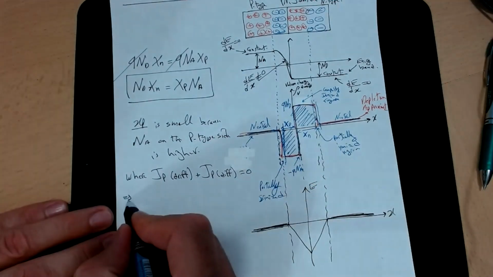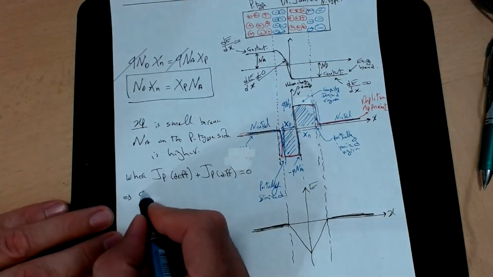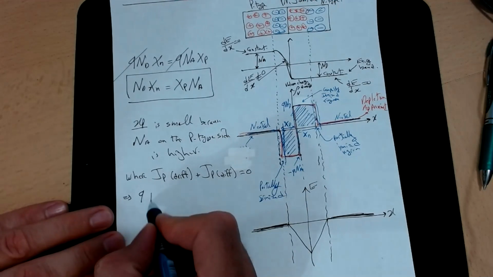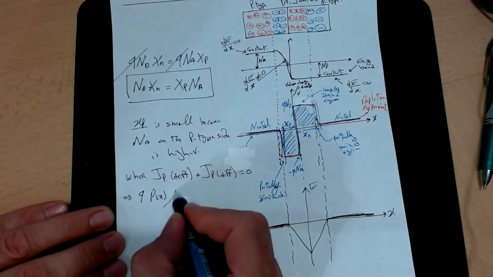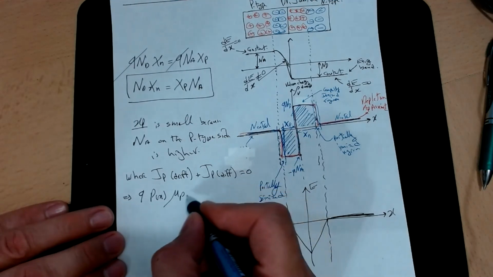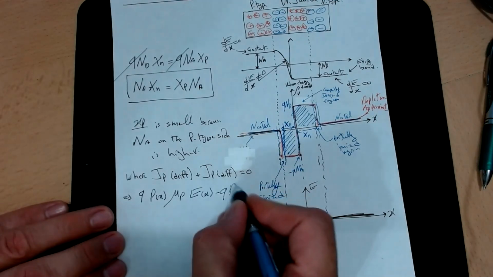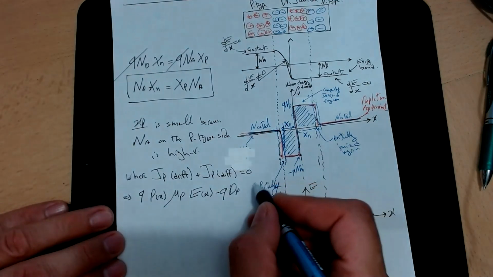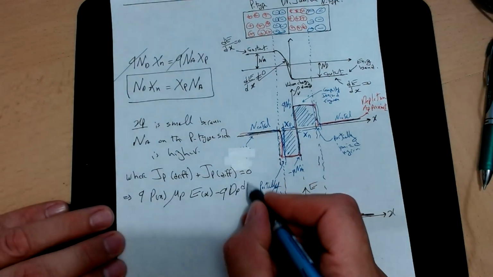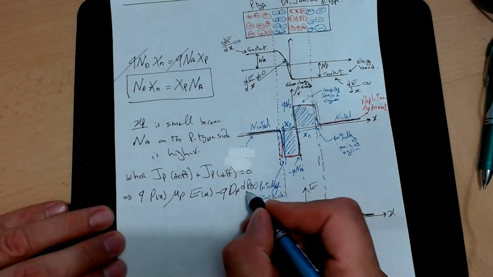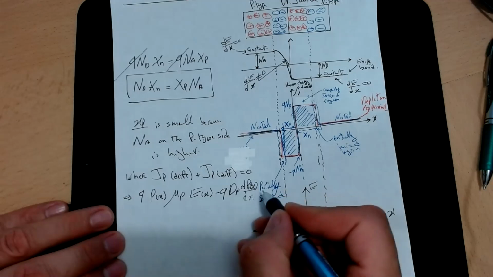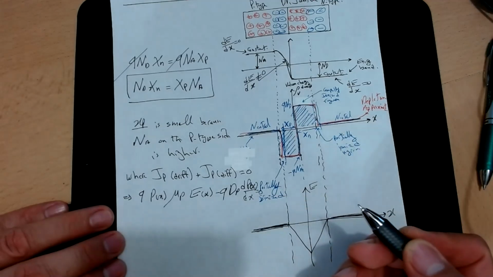In this term, we have q p(x) mu p E(x) plus q Dp dp(x) divided by dx. It should be equal to 0.